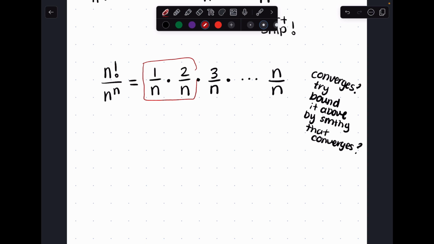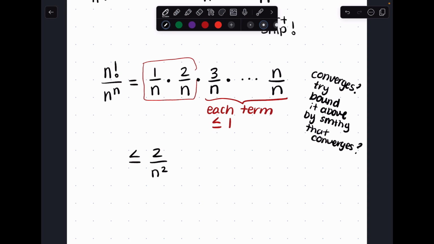Well, each of the rest of these terms is less than or equal to 1, which means when I multiply by each of those terms, it's taking whatever I had and making it smaller, which means if I get rid of those terms, I should have something bigger. So if I get rid of those terms and just consider 2 over n squared, that's going to be larger than whatever n factorial over n to the n was.